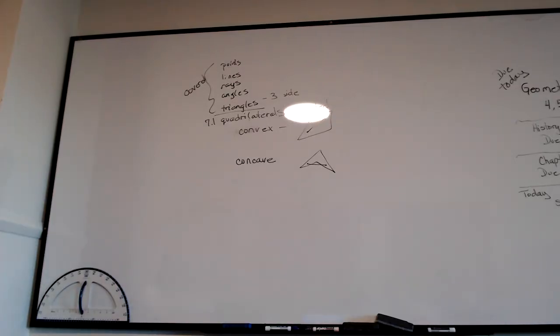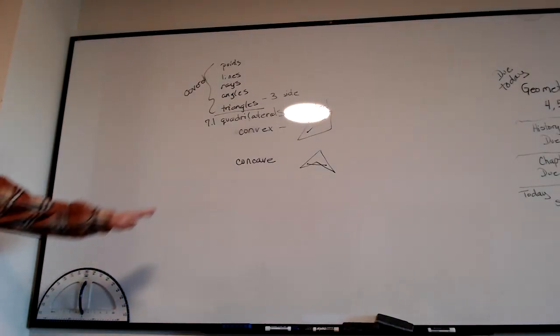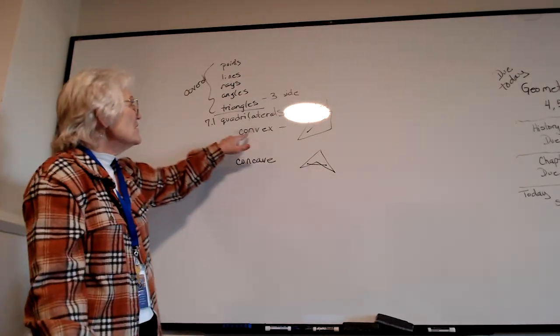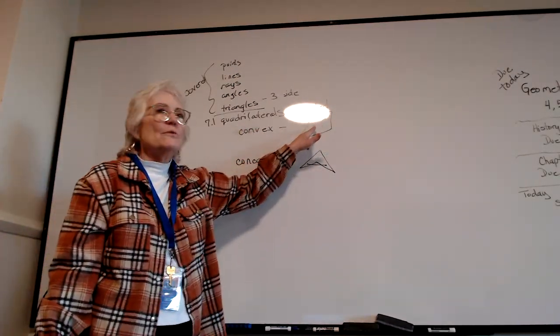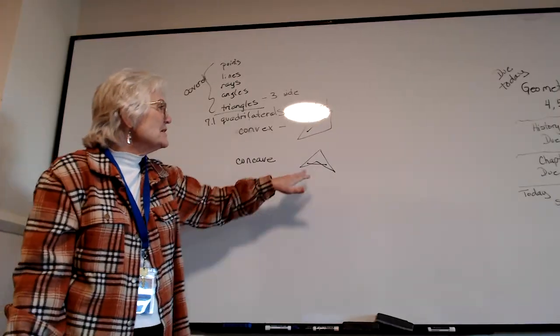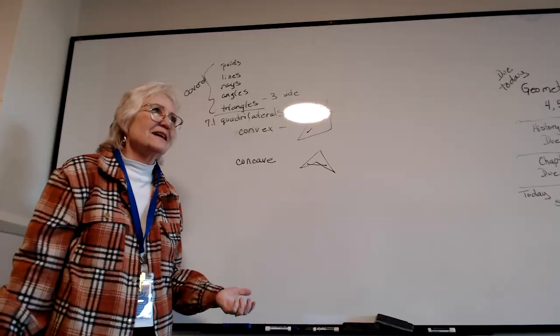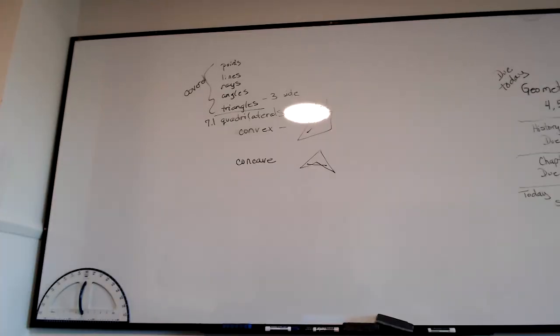I go outside of it. So this is concave when you go outside. This is convex when you always stay inside. And I basically look, does it cave in? It looks like it caved in on itself, okay? And so that's how I look to see if it is convex or concave.